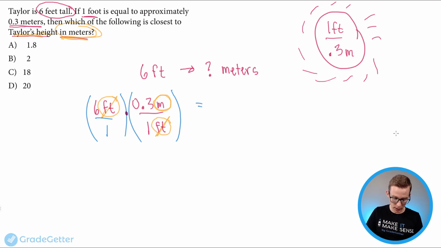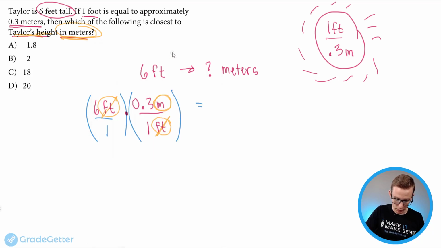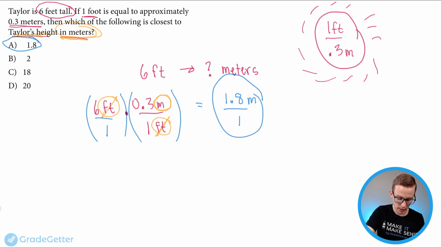So 6 times 0.3, you could probably do this in your head. I think it's going to be 1.8, but remember we're allowed to use a calculator. So I'm going to go ahead and bring one up. So 6 times 0.3 is 1.8. So 1.8 meters over 1. So that is our answer here, which is A.